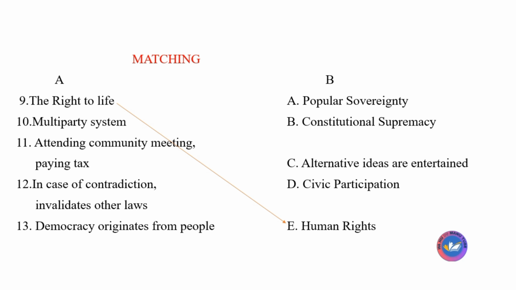Multi-party system matches with alternative ideas are entertained. Attending community meeting, paying tax is civic participation. In case of contradictions, invalidates other laws: constitutional supremacy. Democracy originates from people: popular sovereignty.